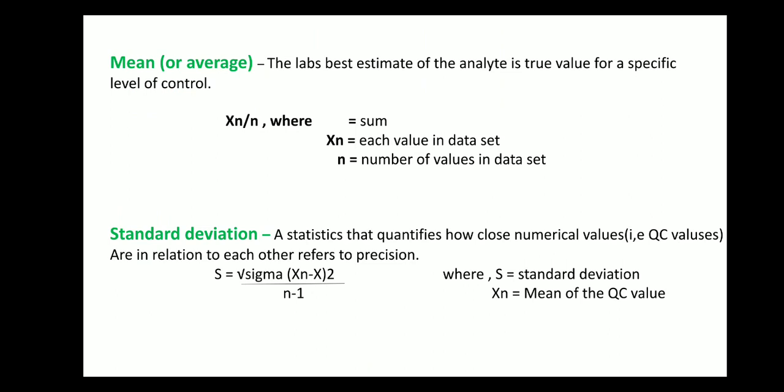It is closer to 100. 99 is closer to 100. So how close is the result we have got? That is called standard deviation. That is calculated by square root of sigma (xn minus x) squared divided by n minus 1. S is standard deviation. Xn we have calculated previously. x is the mean. N is number of tests.